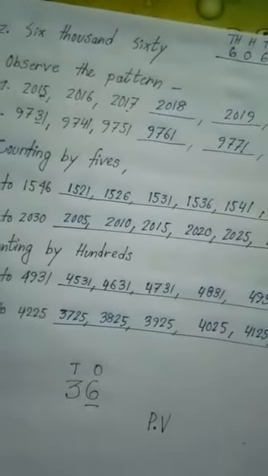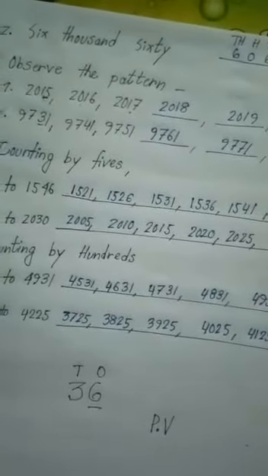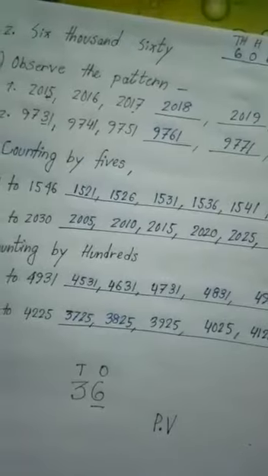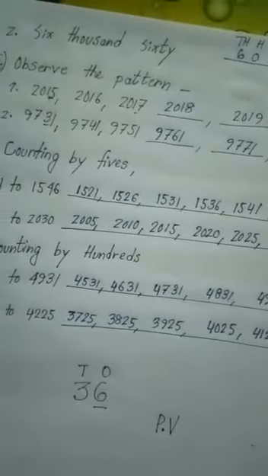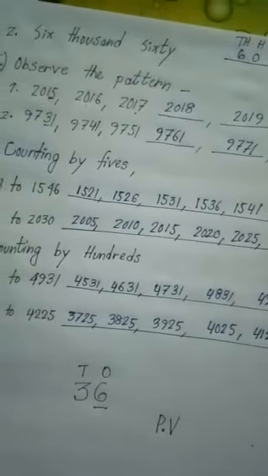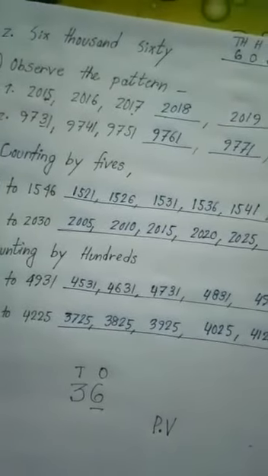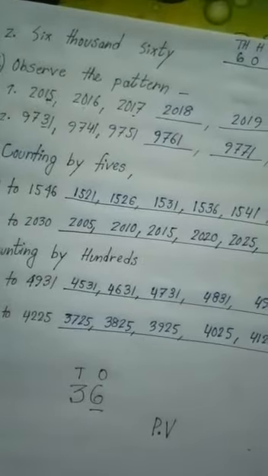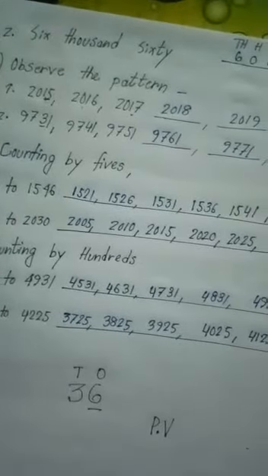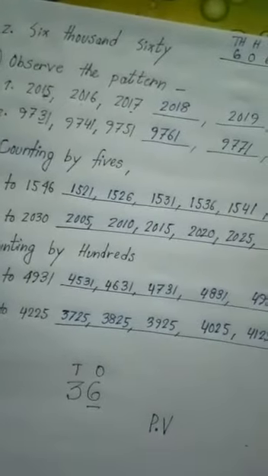Make a new maths copy, cover it, and do it properly date-wise. Practice very properly, because I will take your test next week. Is that clear? Do your maths very sincerely. First you understand the concept, then you do the maths.